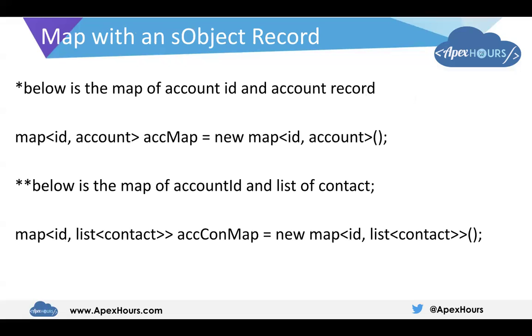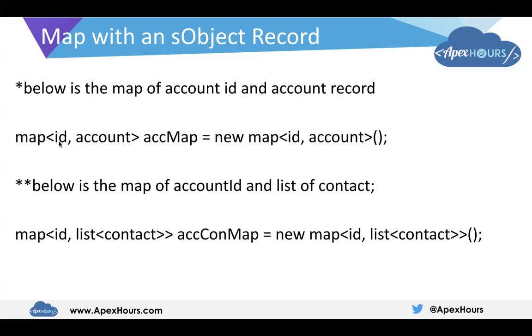Okay, now how to store sObject records into a map. Below is the map of account ID and account record. In the first line, map of id comma account, acc map equals to new map of id comma account and then small brackets. So basically the id is the data type of key.